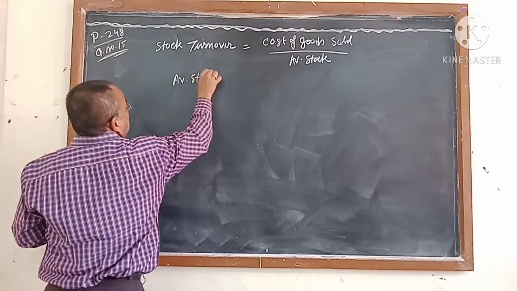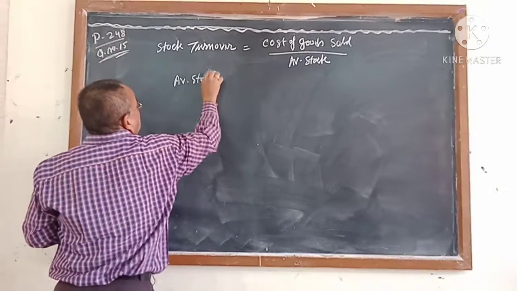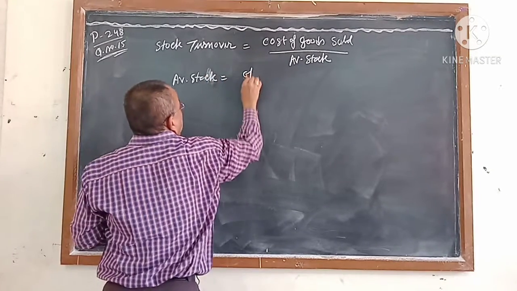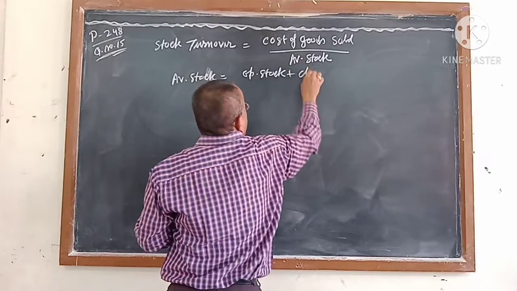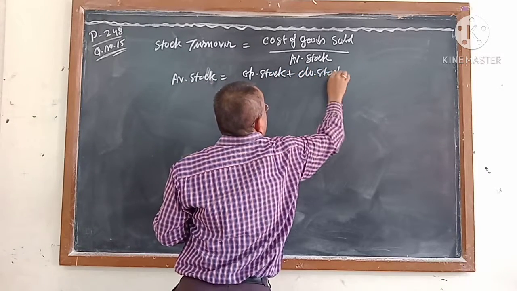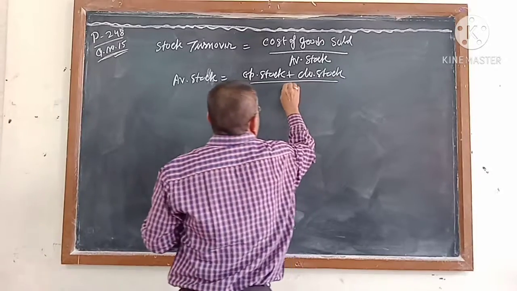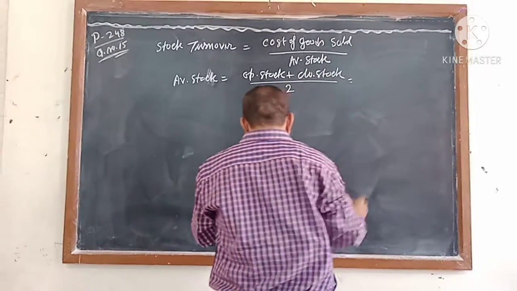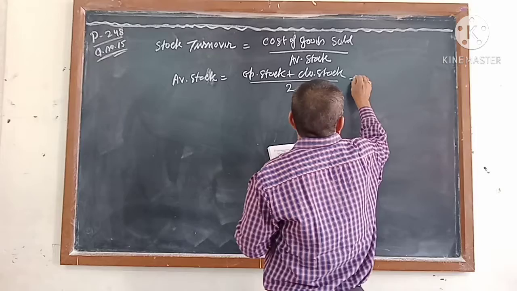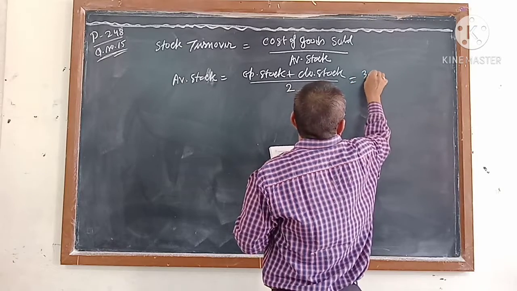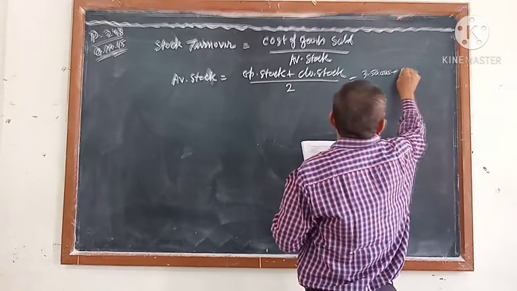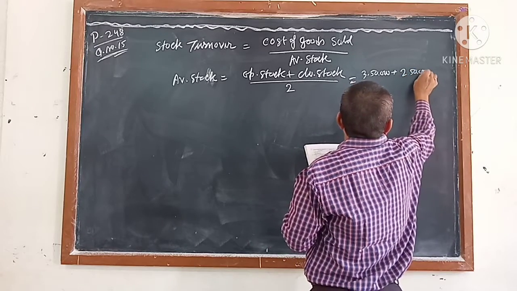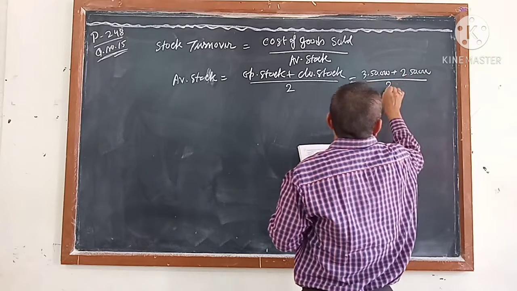Average stock is equal to opening stock plus closing stock divided by 2. Opening stock is given 3,50,000 plus closing stock 2,50,000 divided by 2.